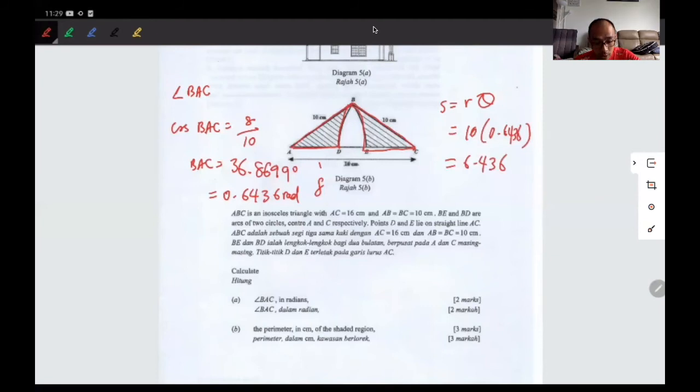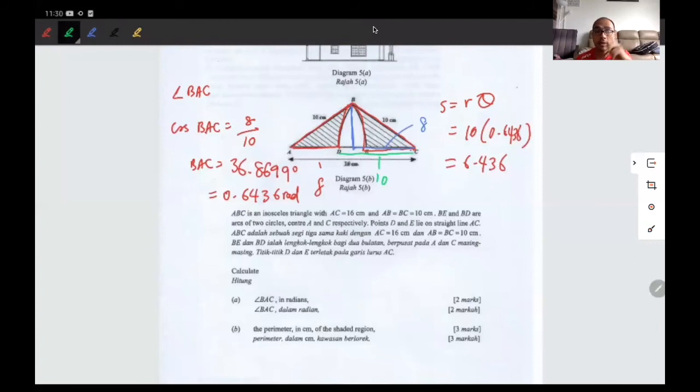So we know that over here, how long is this? This is 8. But at the same time, I also know that from C to D, this whole thing is 10.